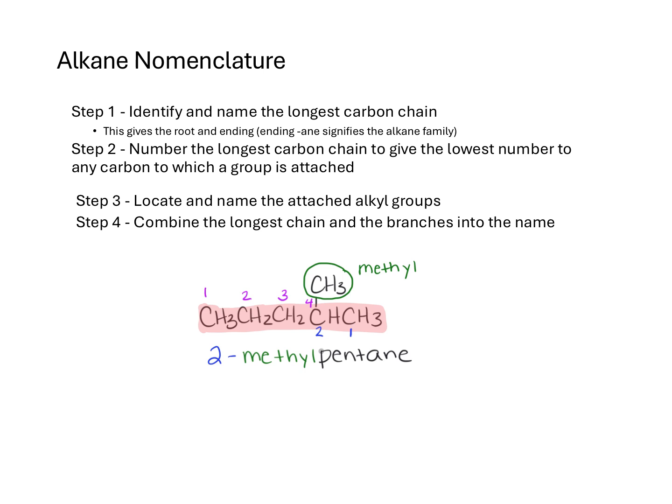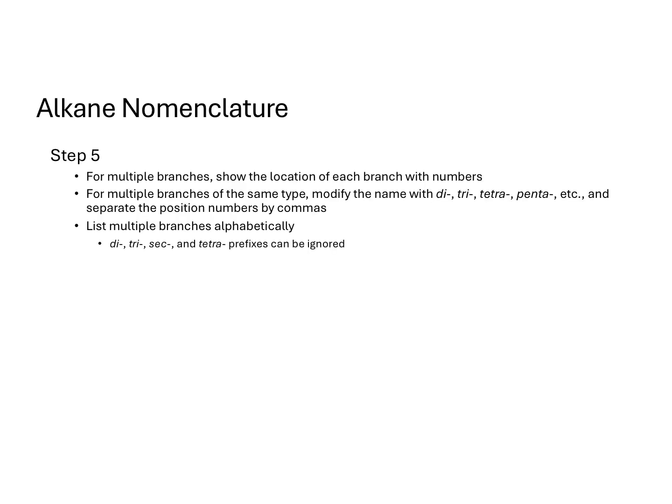What do you do if you have more than one branch, right? So we only have one substituent here. What happens if you have more? Well, let's look at some steps there. So for multiple branches, you need to show the location of each branch with numbers. And then for multiple branches of the same type, you're going to modify the name with di, tri, tetra, penta, etc. for 2, 3, 4, and 5.